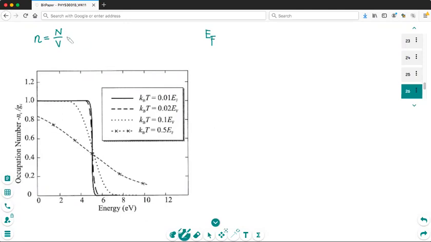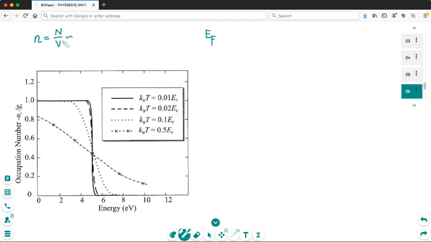Okay, so if you take 1 centimeter by 1 centimeter by 1 centimeter, you have that many number, Na, of atoms. Then the next argument always goes like this: how many free electrons do I have? That depends on how many electrons can be donated by each atom. So usually this is a number of the order of 1.